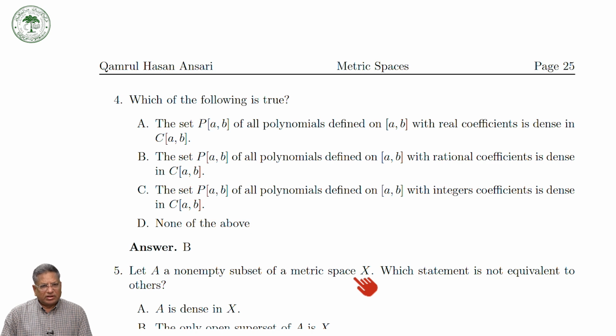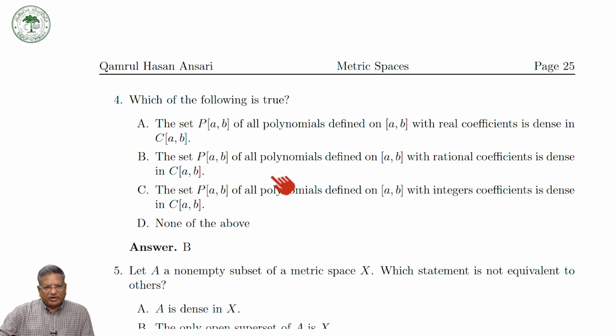So here the statement that is correct is a countable dense set. You can modify this sentence a little: the set P[a,b] with rational coefficients is a countable dense set.